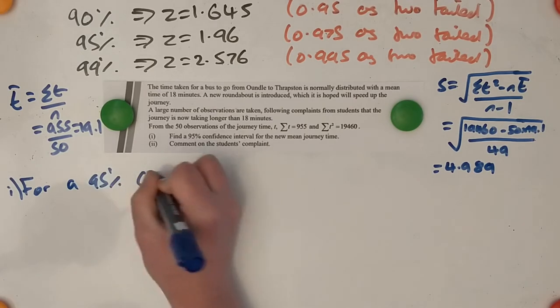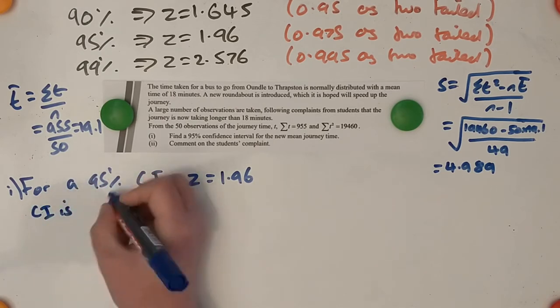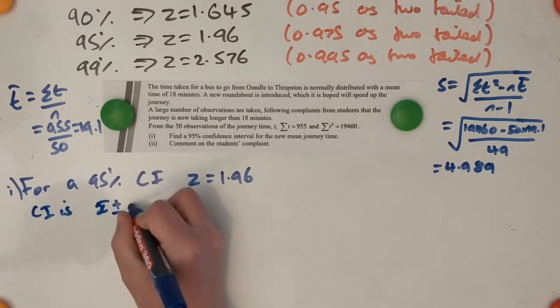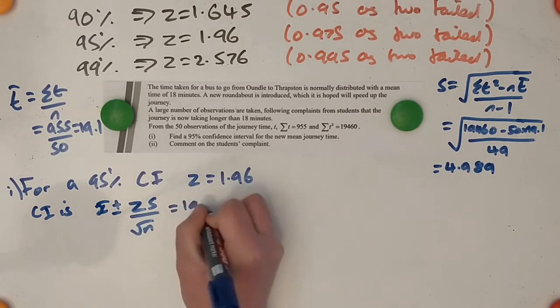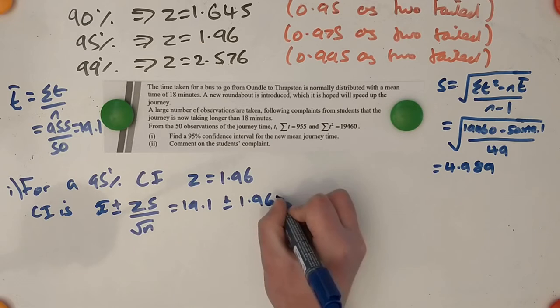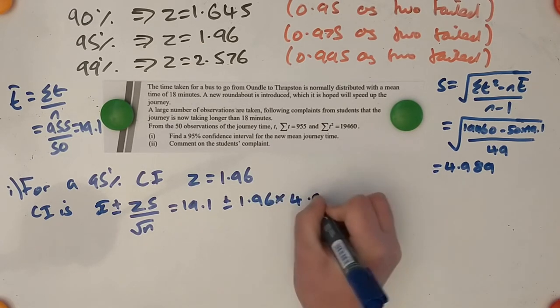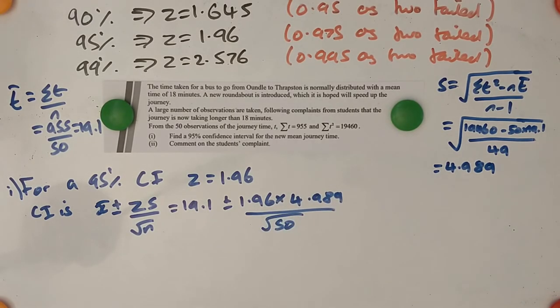So for a 95% confidence interval, I've got z equals 1.96. Then my confidence interval is x bar plus or minus z s over root n. So that's 19.1 plus or minus 1.96 times 4.989 over root 50.